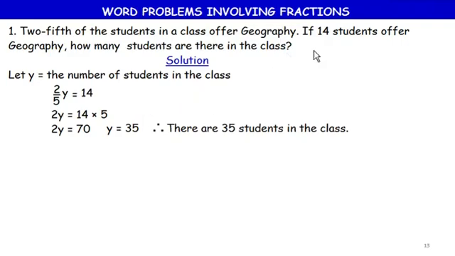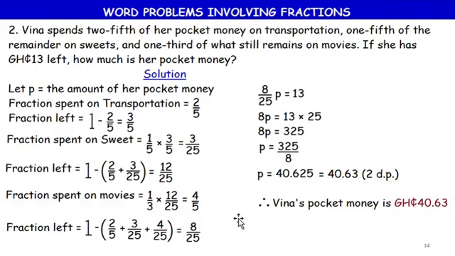And whenever you see the word is or are, you have to make it equal to. So here it means that 2/5 of the students in the class who offer geography is 14, or their number is 14. That is how we have 2 over 5 y is equal to 14. Okay, let's look at another example.